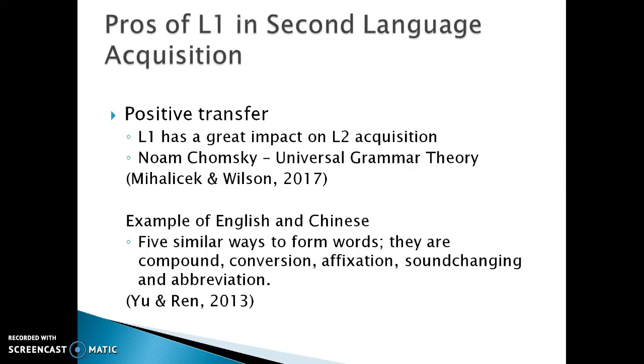This universal grammar theory, exemplified in English and Chinese, proves that L1 can indeed help the acquisition of L2. If an English learner were learning Chinese, they would be able to understand the similar ways to form words, and vice versa from Chinese to English.